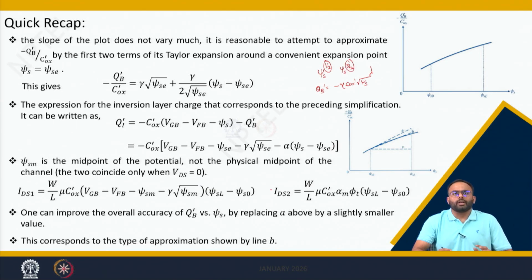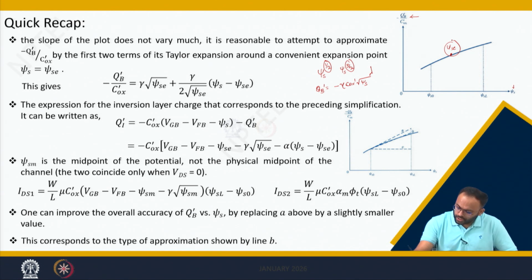So instead of avoiding this non-linearity, we said, can we linearize the function around some expansion point. So we chose the expansion point as psi se in the previously mentioned graph between Cb dash over Cox dash and psi s. We said that by using a Taylor series expansion, we can linearize the system around this expansion point.